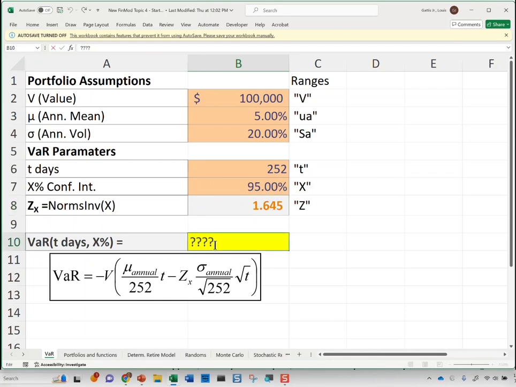So if I want to do the VaR formula, I can just use my range names now. I'm going to start off with a minus V, which is B2, times, open bracket, the annualized mean divided by 252 days in a year. That gives me the daily mean, times T, the VaR's parameter of how many days you're looking for the loss value, minus Z times the annualized standard deviation, SA, divided by the square root of 252.